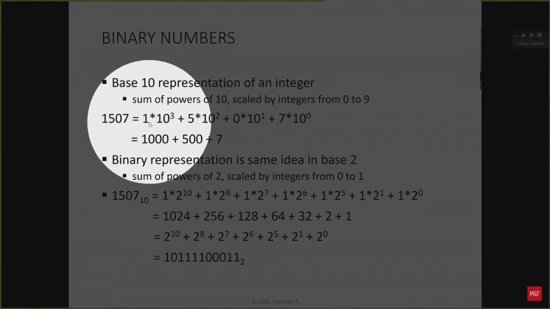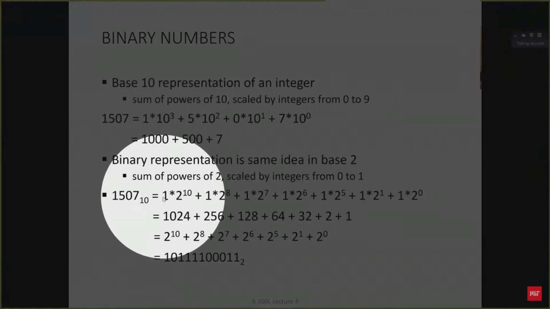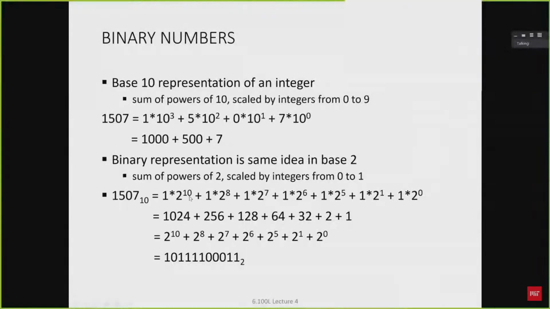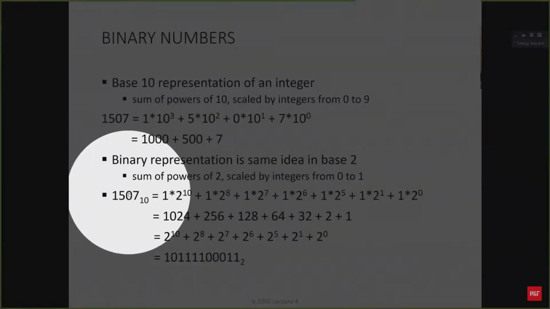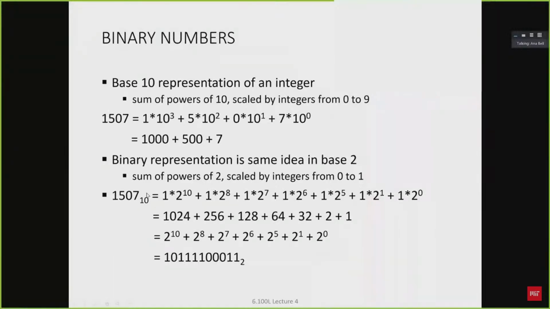Here, we had the whole number be numbers 0 through 9 multiplied by some power of 10. But in base 2, we're going to have either 0 or 1 multiplied by some power of 2. And if we're trying to convert the number 1,507 from base 10 to base 2, humanly speaking, the way we'd think about it is, what is the biggest power of 2 that we can have that takes us close to but not over 1,507?